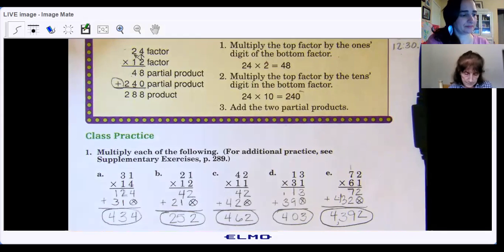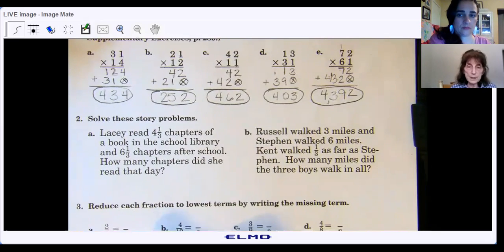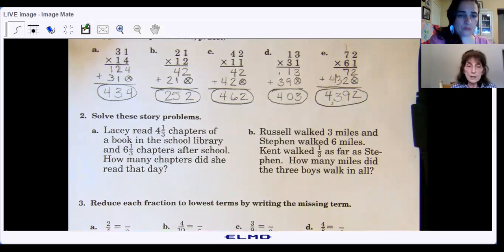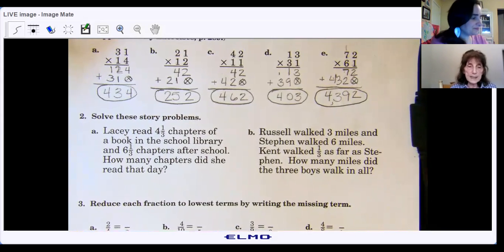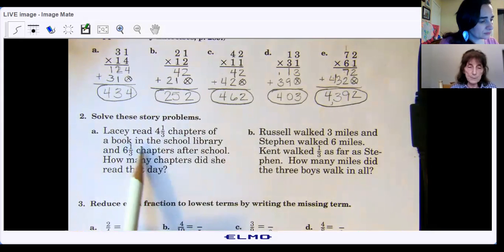All right, let's jump down to the story problems. I'm going to read them to you, and we can underline and bracket, and then you're on your own. All right, Lacey read 4 1/3 chapters of a book in the school library and 6 1/3 chapters after school. All right, how many chapters did she read that day?